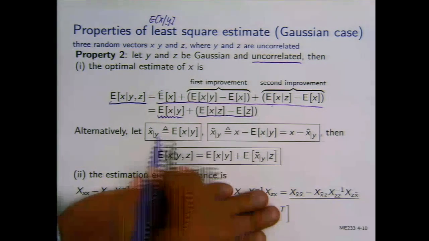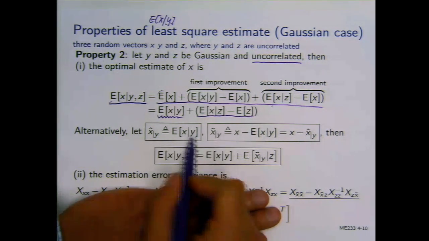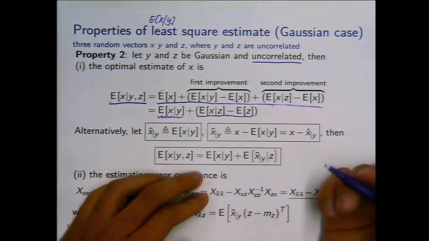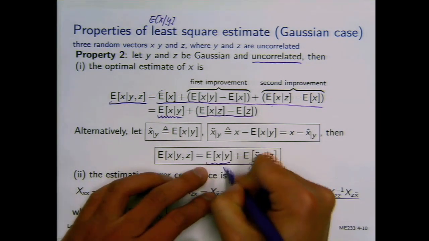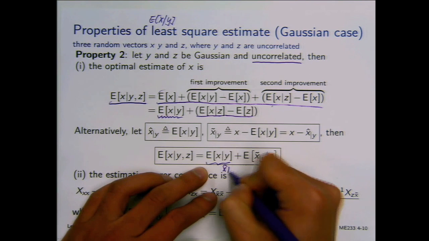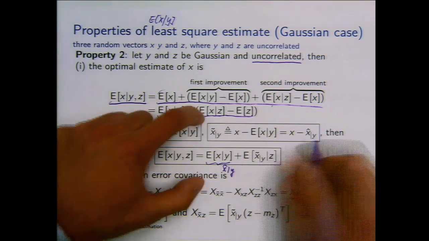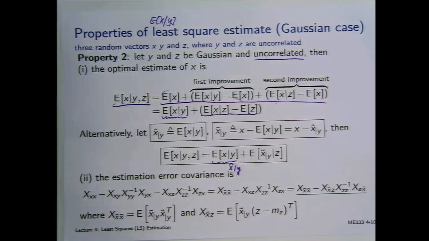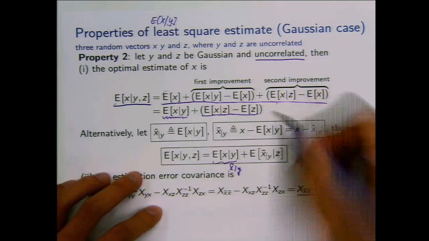After we introduce these, we can simplify the expression a little bit. So we write x hat slash y. This requires a little bit of derivation here, so let me be careful. This term is equal to this term.